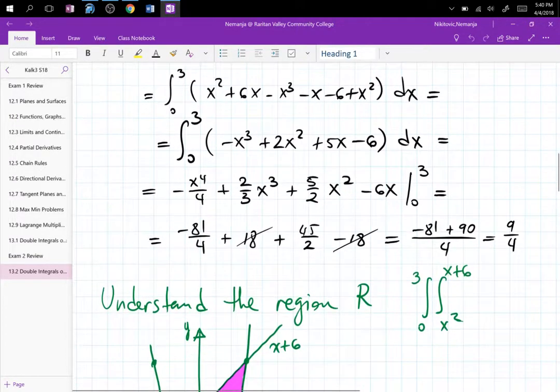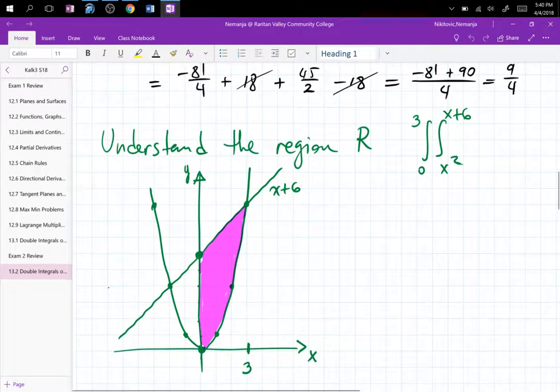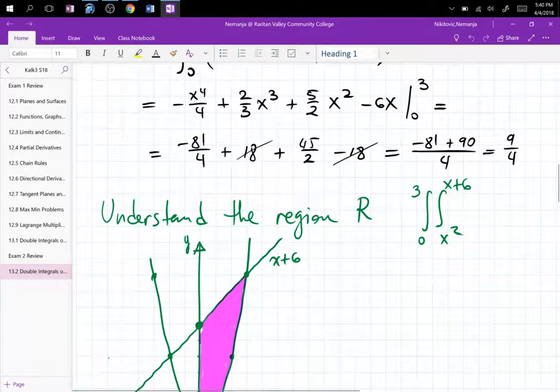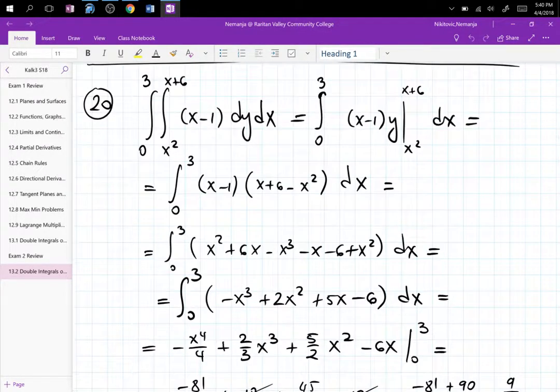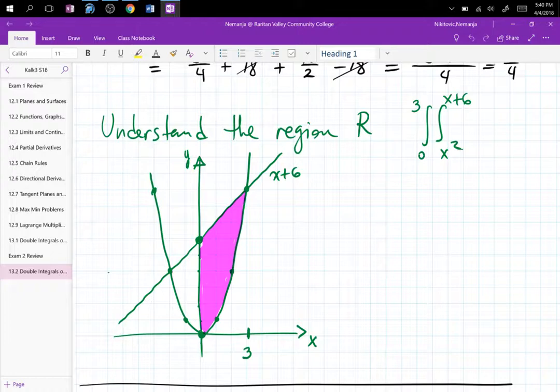We know how to calculate, and in green over here, I said understanding the region R. So the problem was just given in a textbook, problem 20. They did not talk about it, they just said compute. And you know how to compute a double integral. You compute the inner one and then the outer one. So that was not an issue. What we really need to do is to understand the green stuff over here, which is the way to transform, as I said, the limits into the picture.